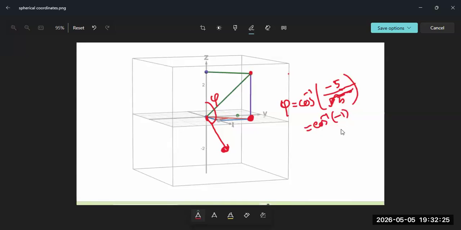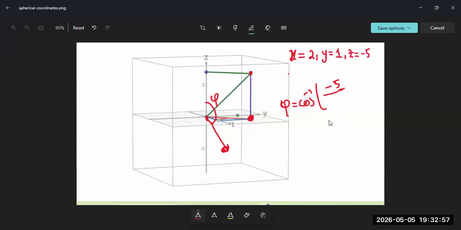Let's modify it a bit. Suppose z is something negative, the point is such that x is, let's say, 2, y quantity is 1, and z is something negative, let's say -5.